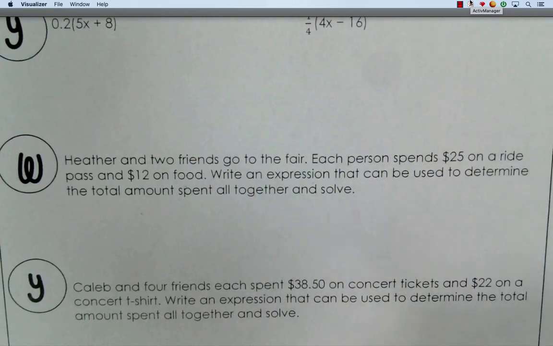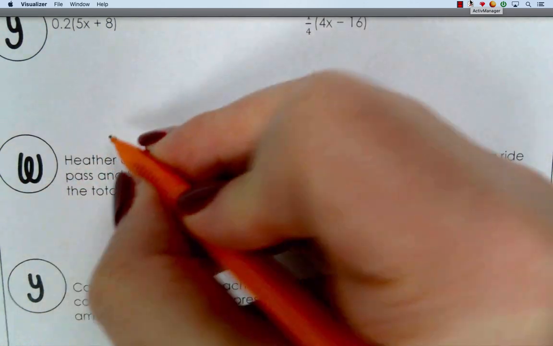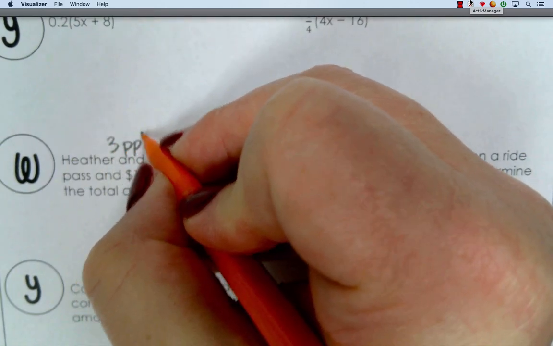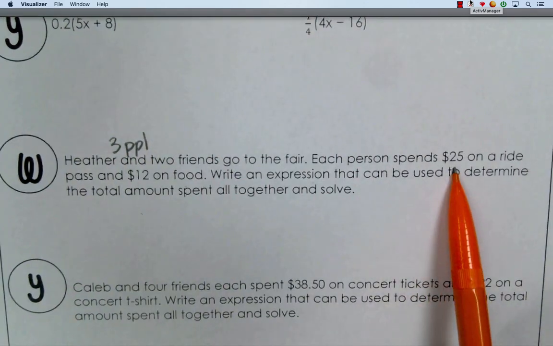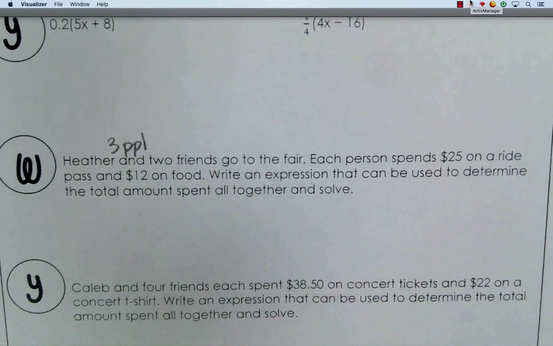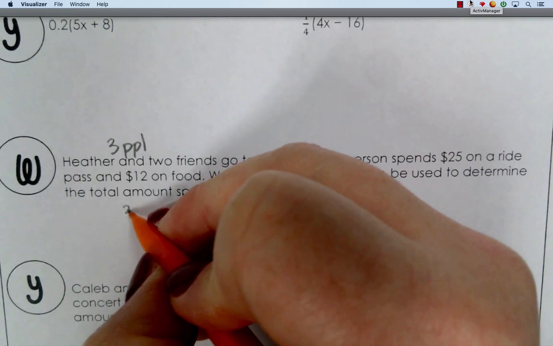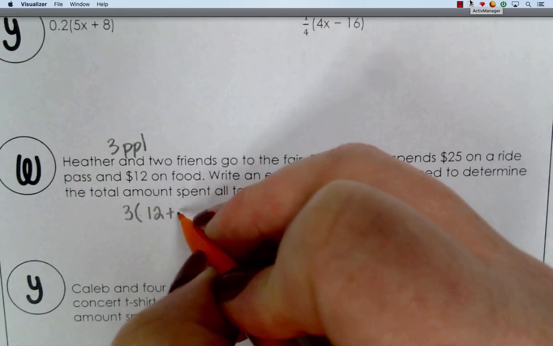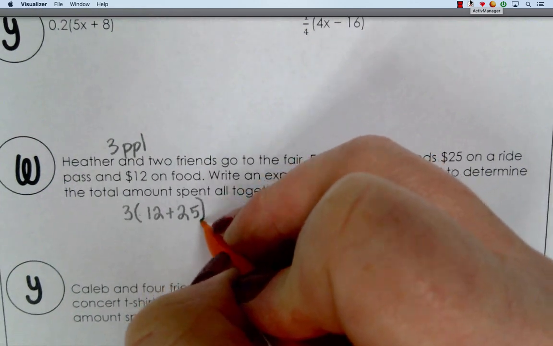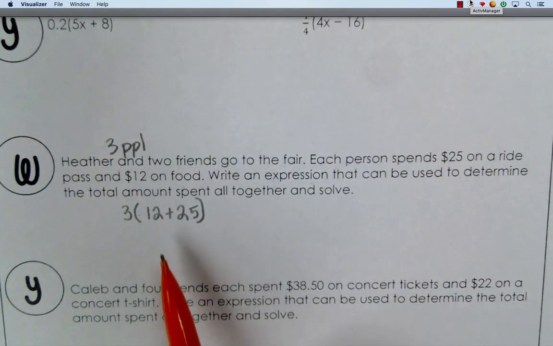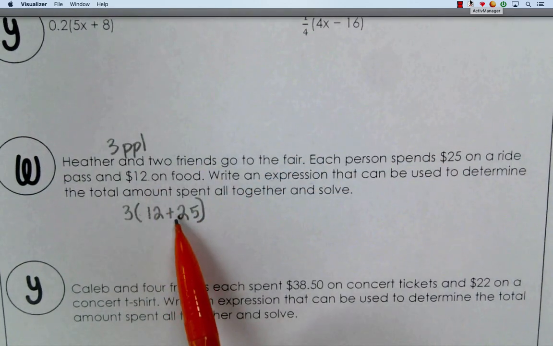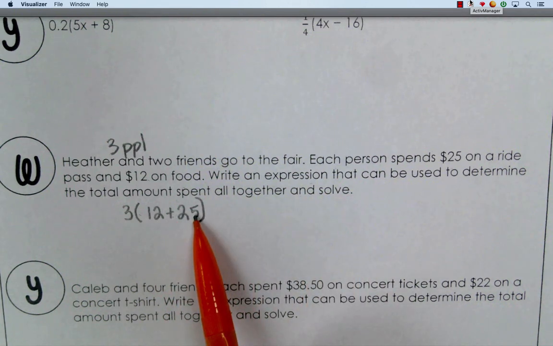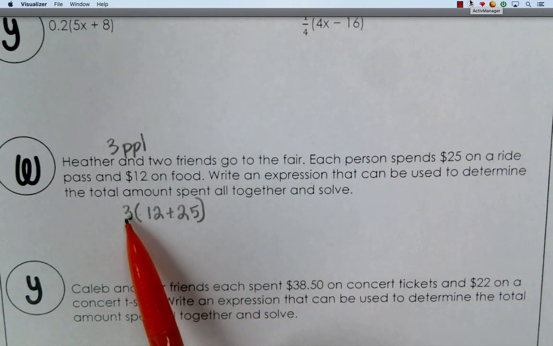So how many people went? So we're going to say 3 people. 3 people went, okay? Each person spends $25 on the pass and $12 on food. So let's say 3 people times $12 plus $25. Because $12 was food, and then they spent additional $25 in the pass, and that was 3 people.